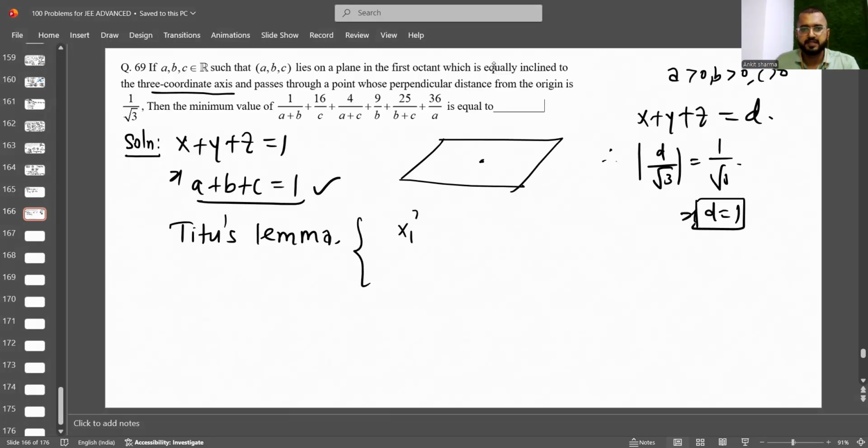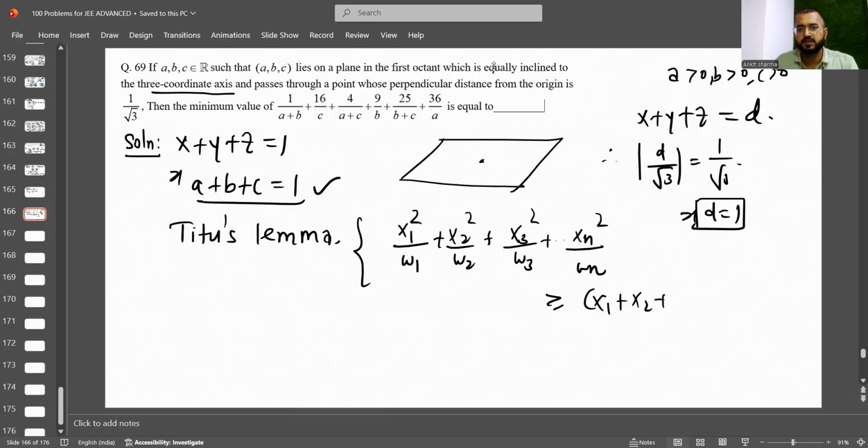If I have x1 square over w1 plus x2 square over w2 plus x3 square over w3 and so on up to xn square over wn, then this is greater than or equal to (x1 plus x2 and so on up to xn) whole square over (w1 plus w2 plus w3 and so on up to wn), where all the weights wi are positive.